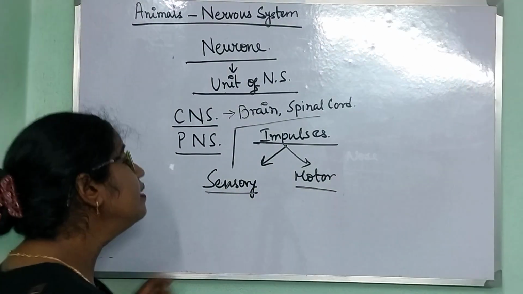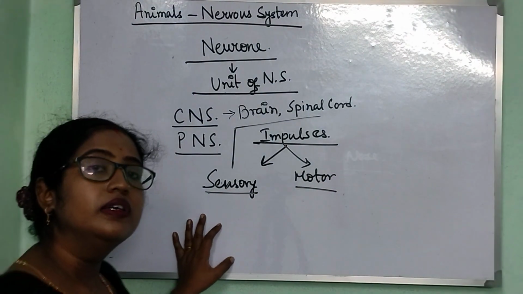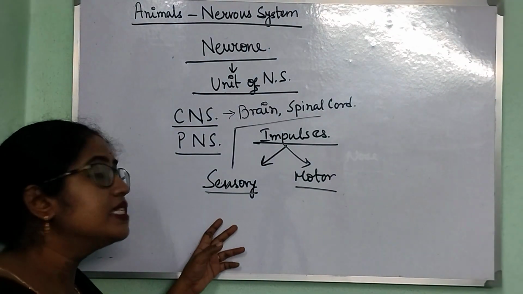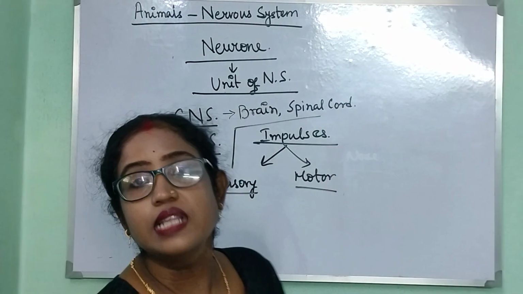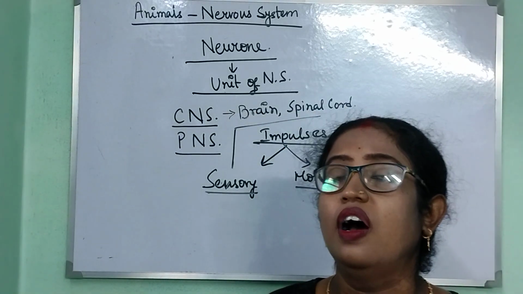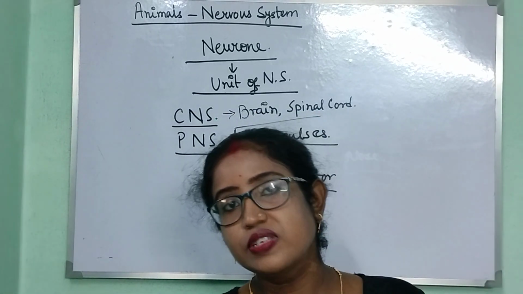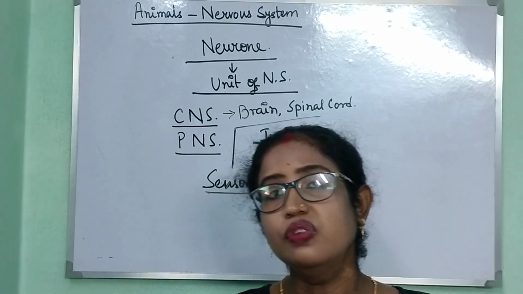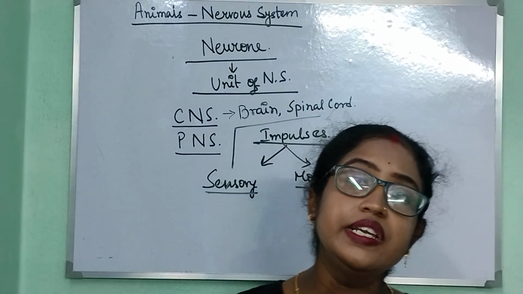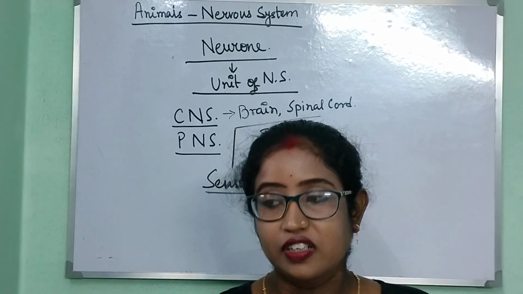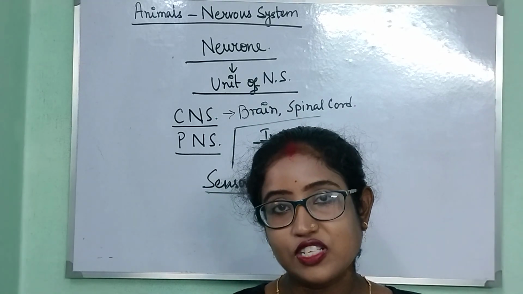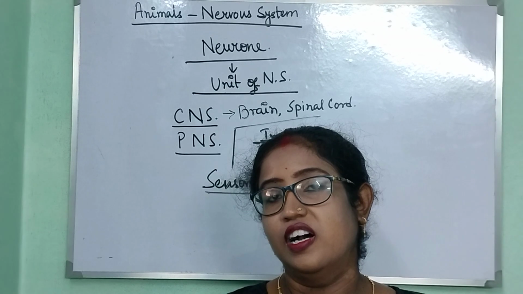Sensory impulses are transmitted by sensory neurons. These sensory neurons lie just beneath our different kinds of sense organs. So we have these sensory neurons stretched in our body, beneath our different kinds of sensory organs.